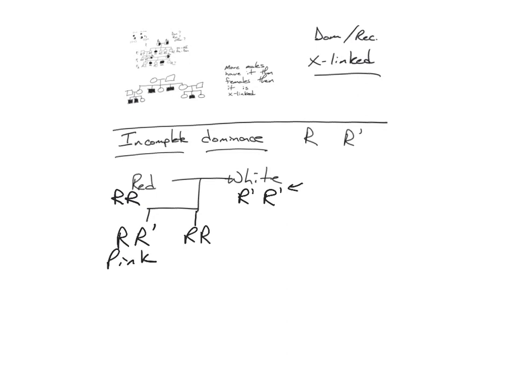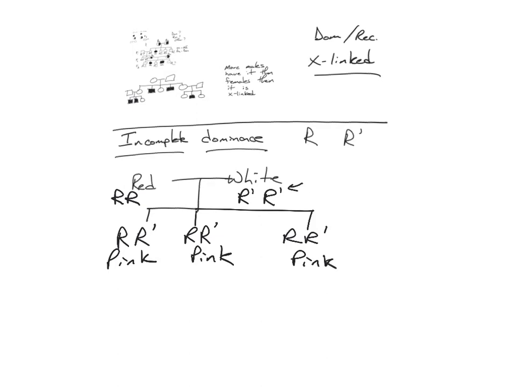Because you're getting one of each, so they don't hide each other. See, in a dominant recessive, the product of one gene hides the product of the other gene. In incomplete dominance, they don't hide each other, they blend. So the red and the white blend to pink. So they are all pink.